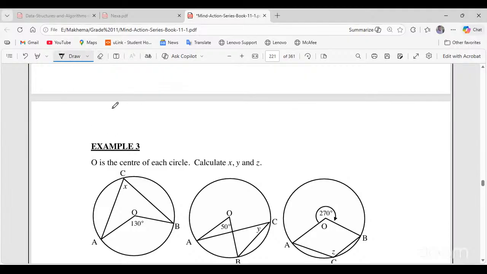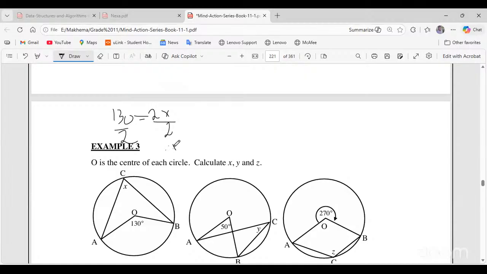We were saying the angle at the center, which is 130, is equal to 2 times angle at the circumference. What is angle at the circumference? It is x. Now we want the value of x in this equation. Now we do what we have learned from grade 7 equations. We divide by 2 on both sides.